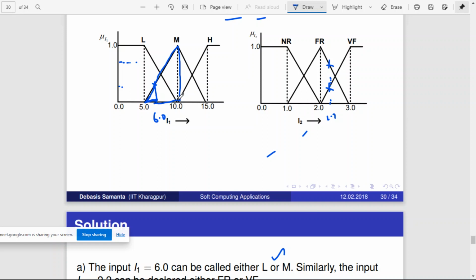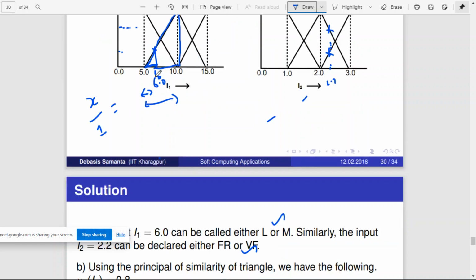This end is delta 1 and this is delta 2. So 6 minus 5 is 1, and 10 minus 6 is 4, so 1 by 4, which is 0.25. Similarly you can calculate for this also.